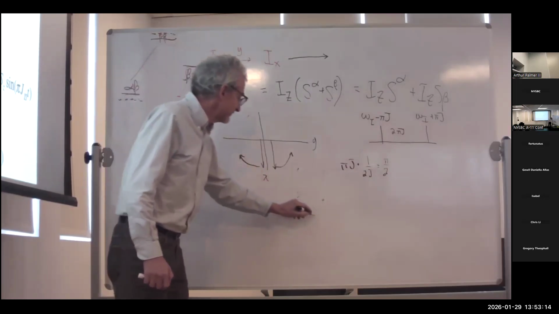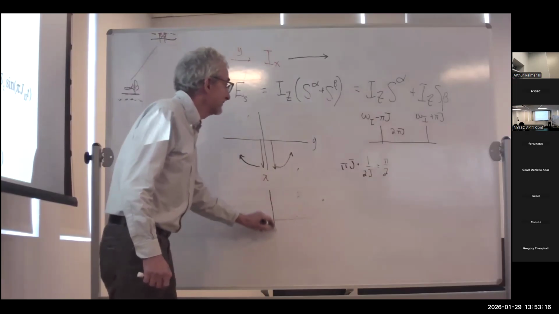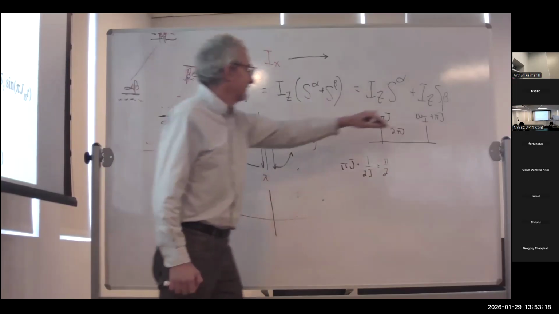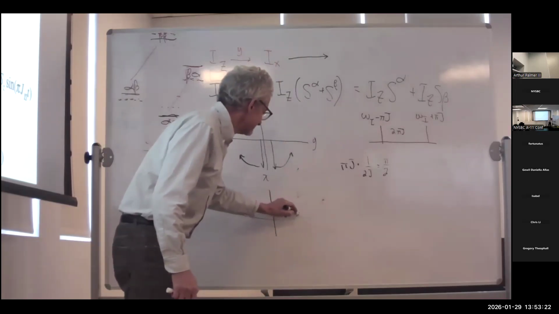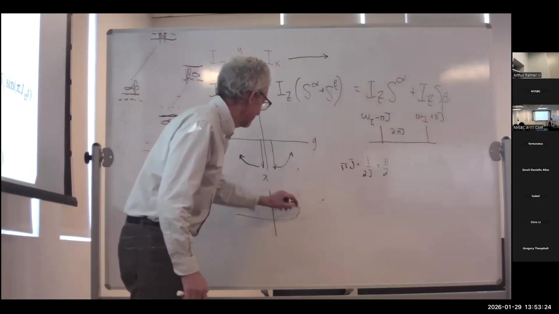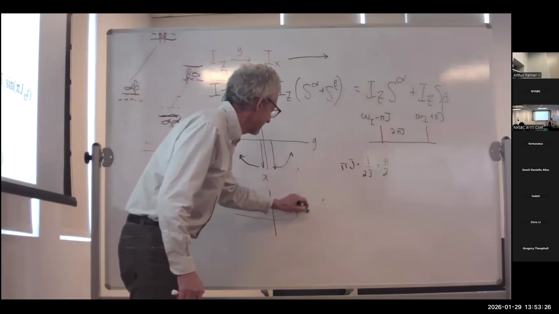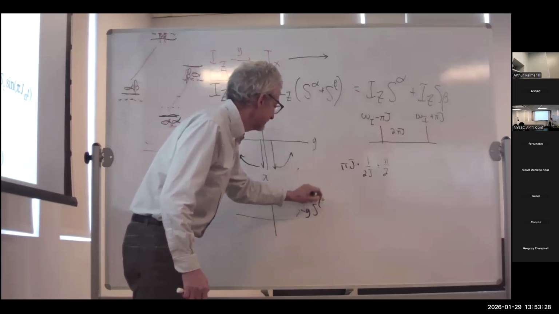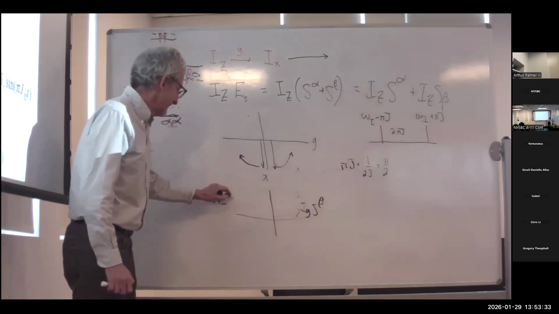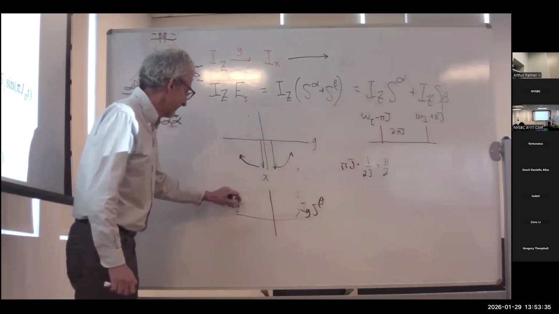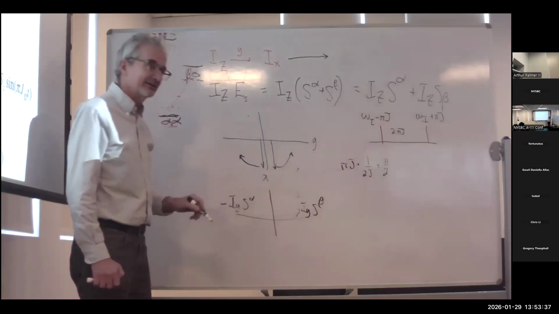And my picture at that point, my drawing, this was the positive one. So here I then end up with Iy S beta. And over here, I have minus Iy S alpha.